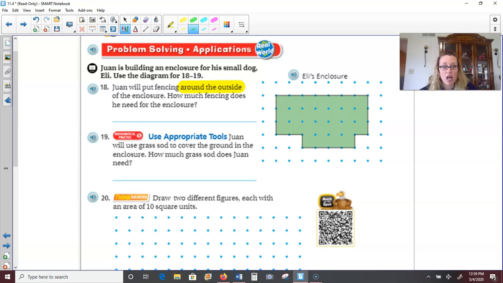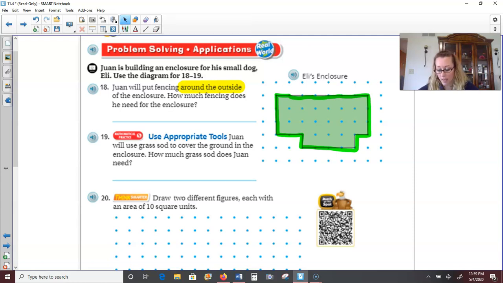I'm going to start at the top and highlight around, and you can count with me. 1, 2, 3, 4, 5, 6, 7, 8, 9, 10, 11, 12, 13, 14, 15, 16, 17, 18, 19, 20, 21, 22. So I came up with a perimeter of 22.